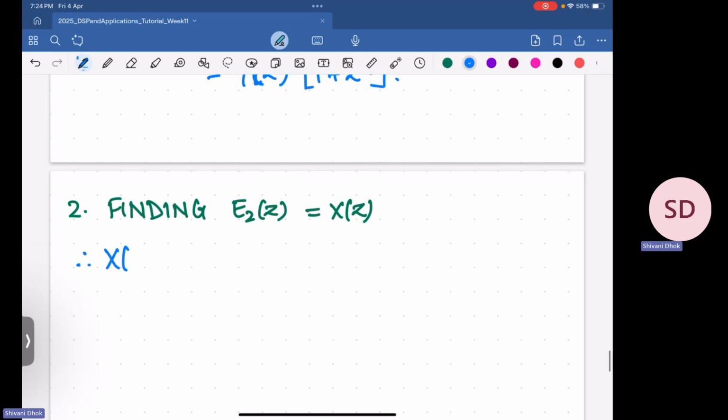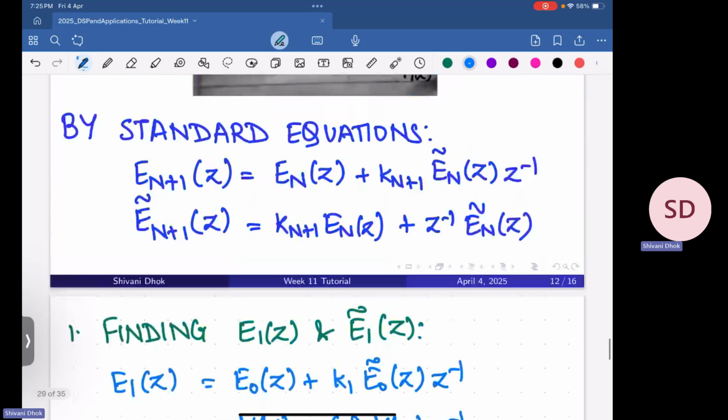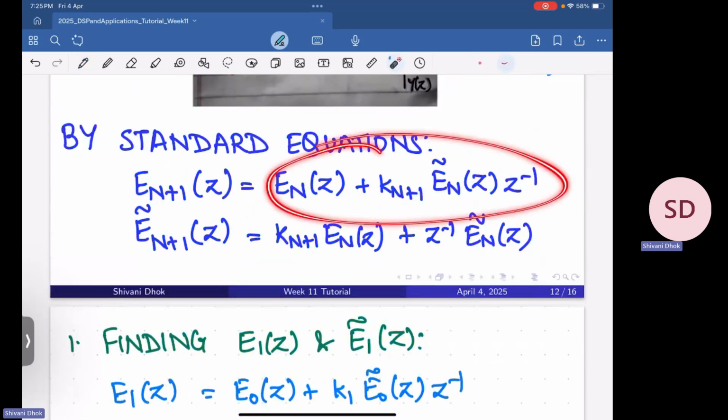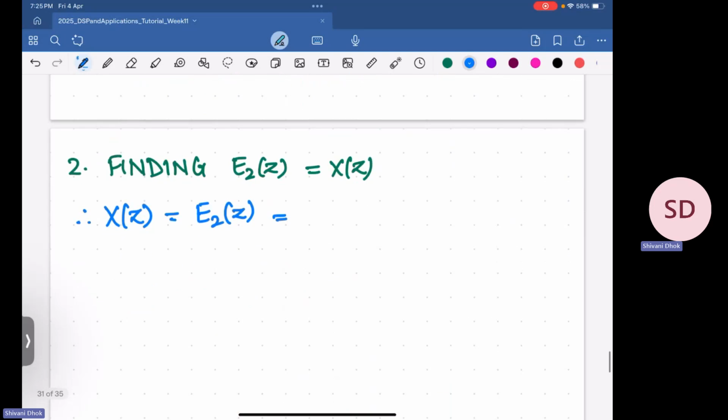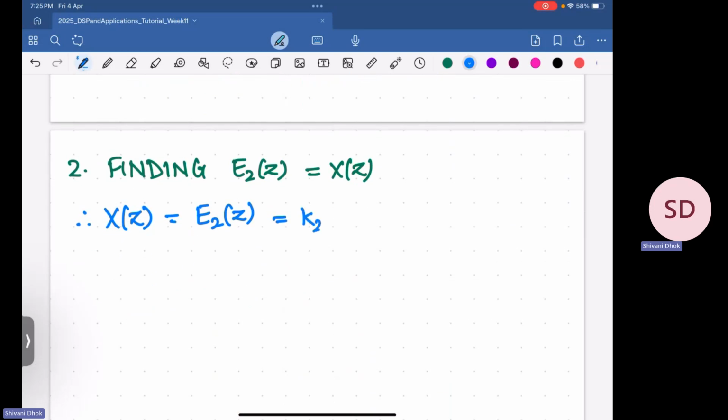So x of z, which is equal to E2 of z, using this first equation that I have written here, will be E1 of z plus K2 z inverse into E1 tilde of z.